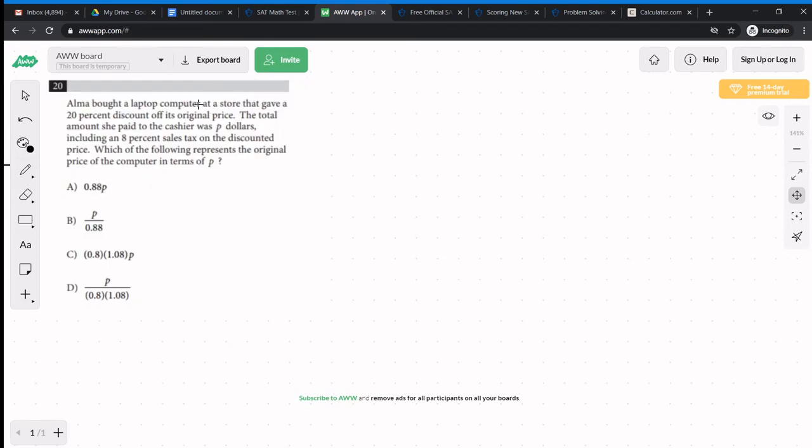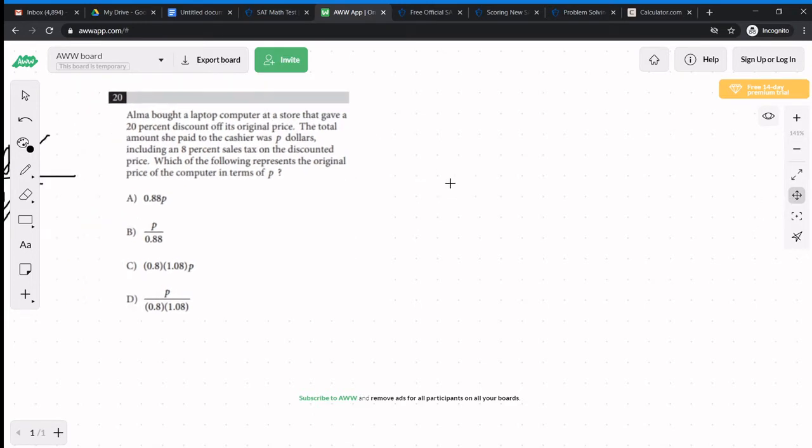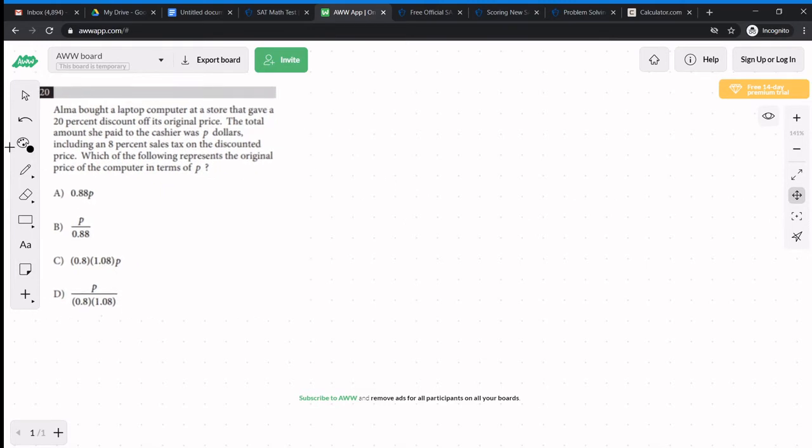A laptop computer at a store gave a 20% discount off its original price. The total amount you paid was $P, right? Including an 8% sales tax on the discounted price. Which of the following represents the original price of the computer in terms of P?